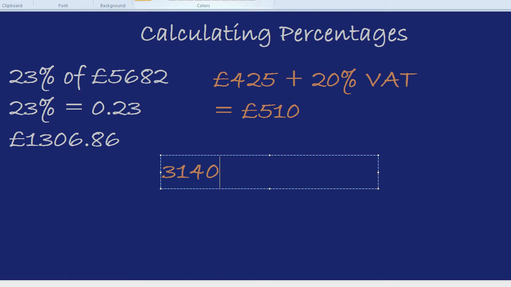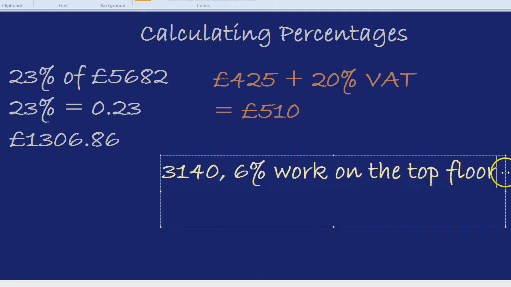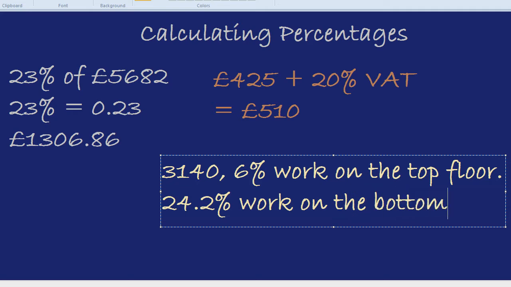Let's say that 6% work on the top floor, and let's say that 24.2% work on the bottom floor.